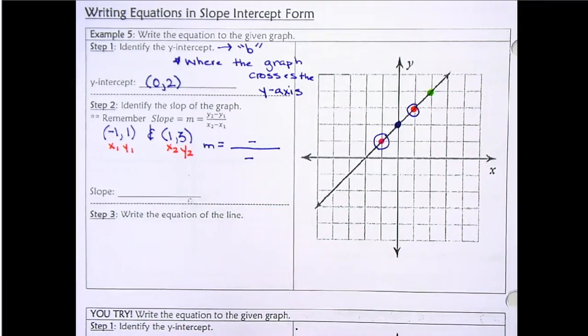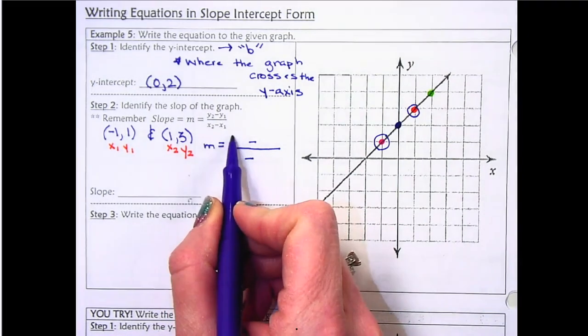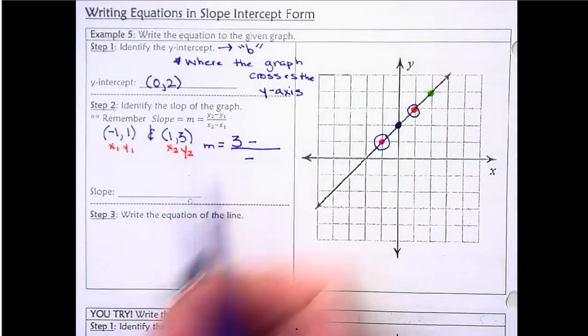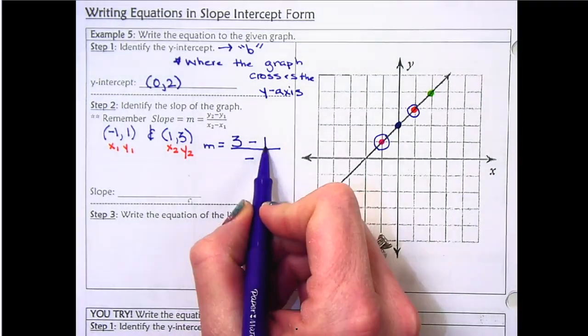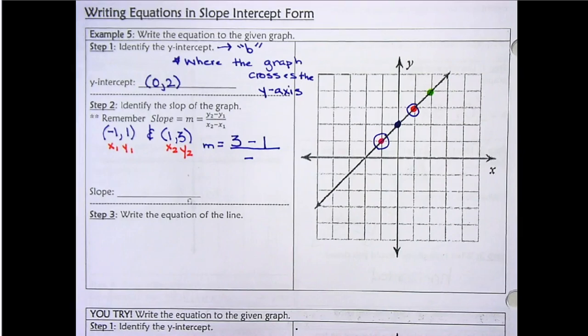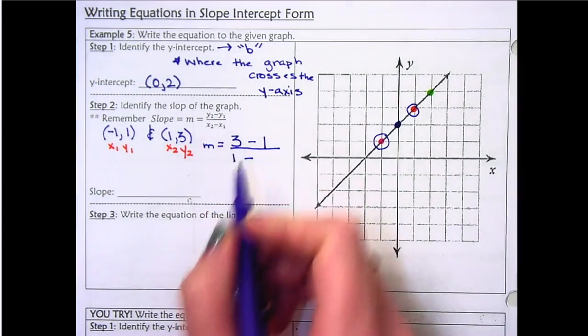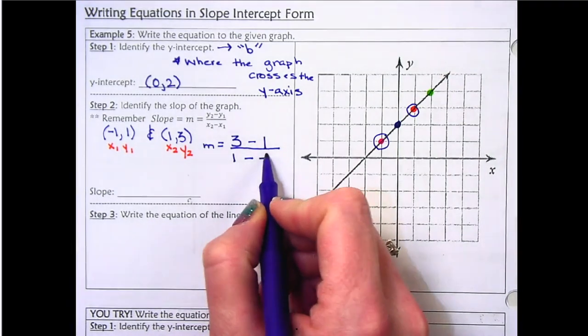And now let's plug in the appropriate numbers. y2 is the y from my second ordered pair, which is 3. y1 is the y from my first ordered pair, which is 1. Now for our x's. x2 is the x coordinate from my second ordered pair, which is 1. And x1 is the x coordinate of my first ordered pair, which is -1.